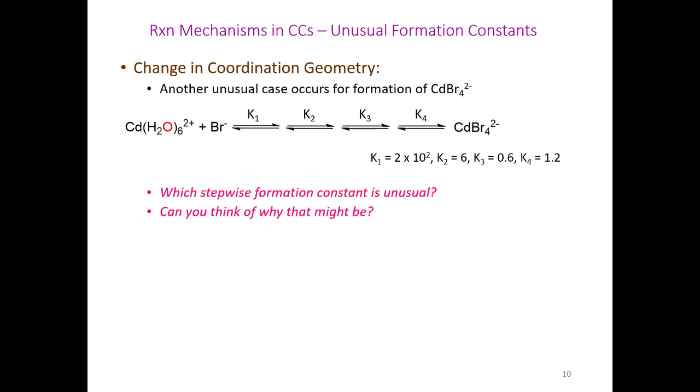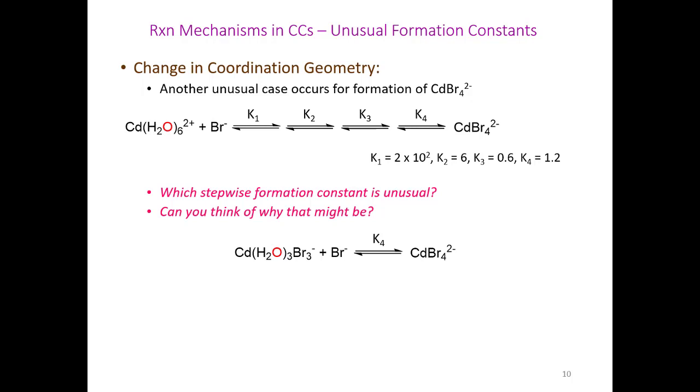Now, just to let you know, this is a different case than before. Bromides are weak field ligands, as are water ligands. So it's not a transition from high spin to low spin or low spin to high spin. What's actually happening is you're getting a change in your coordination number on the 4th ligand substitution.